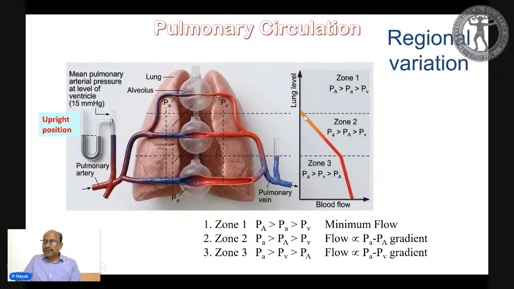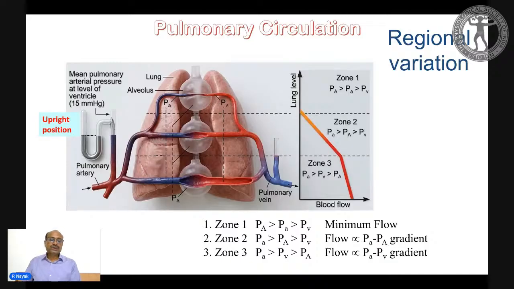It is only representative. Here it is very low, and here there is maximum flow during systole and minimum during diastole, where there is systolic-diastolic variation, but during diastole also there is continuous supply to some extent.